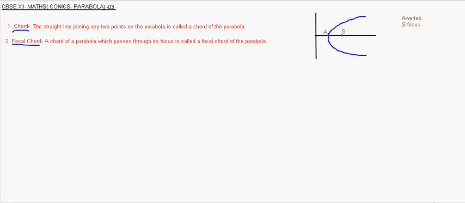Say if there is a line which is passing between any two points on the parabola.